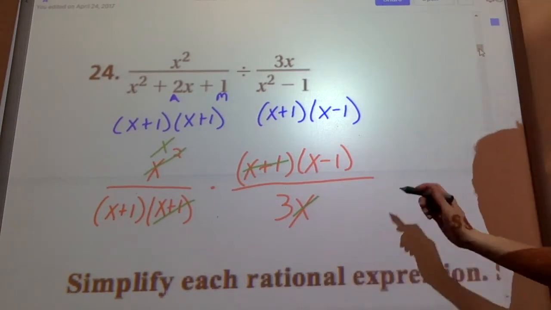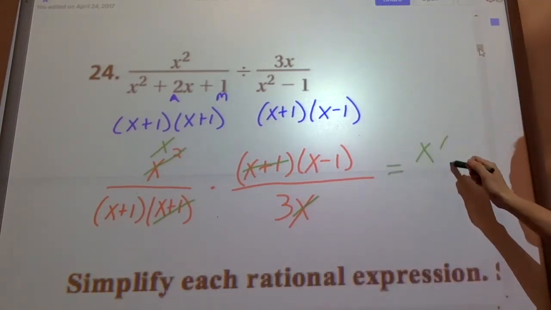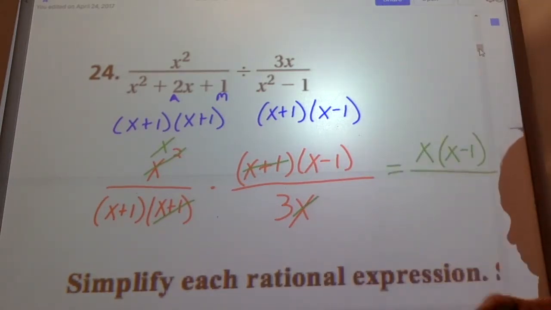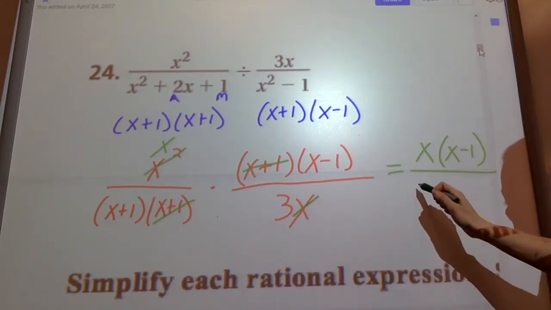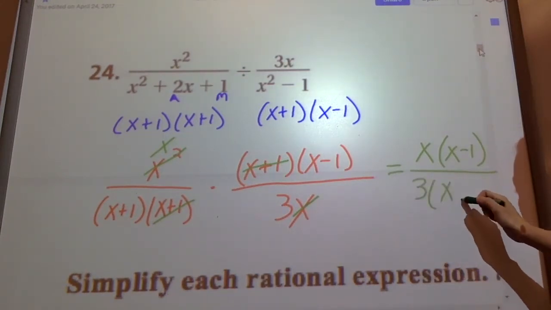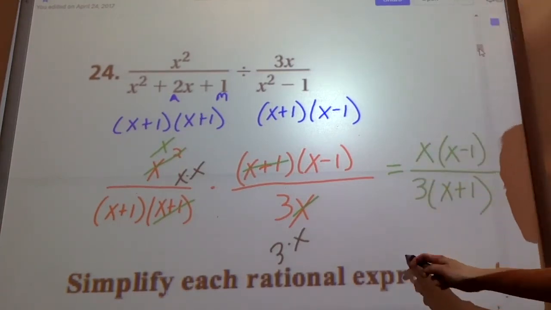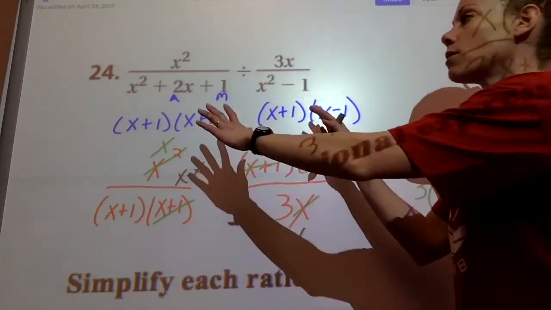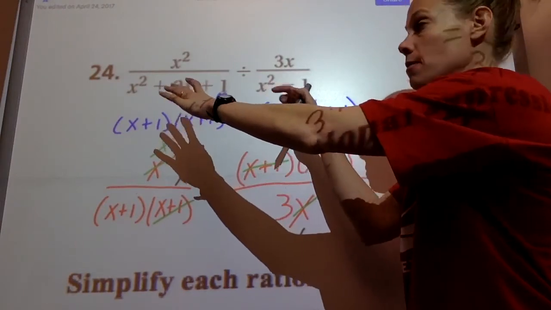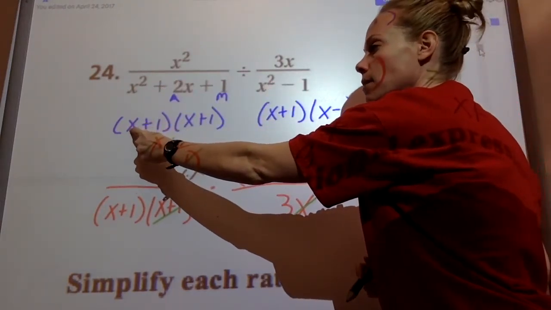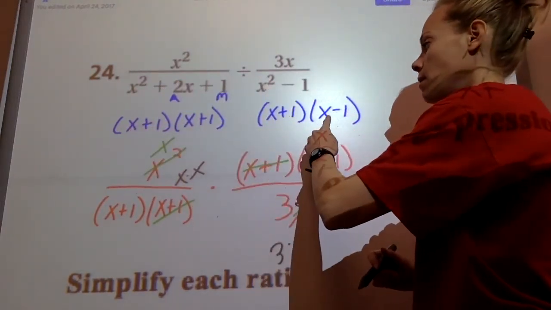So what's left on top? X and an x minus 1. What's left on bottom? 3 and an x plus 1. First, I define x cannot be, I have to go back to the original denominator. X cannot be -1 and +1.